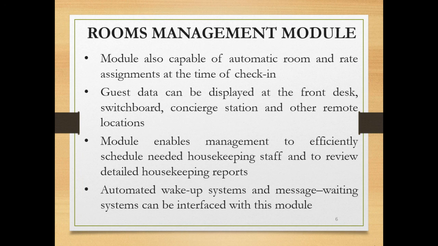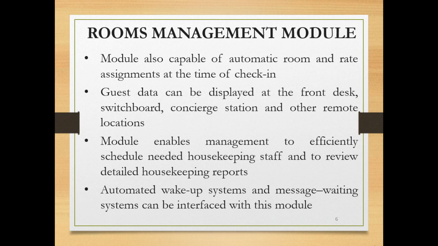This module enables management to efficiently schedule needed housekeeping staff and to review detailed housekeeping reports. This is managed by the housekeeping department, of course. And it also has an automated wake-up system and message waiting system that can be interfaced with this module.